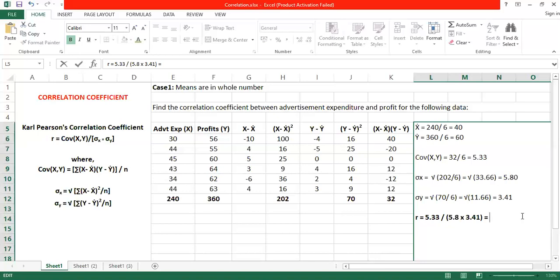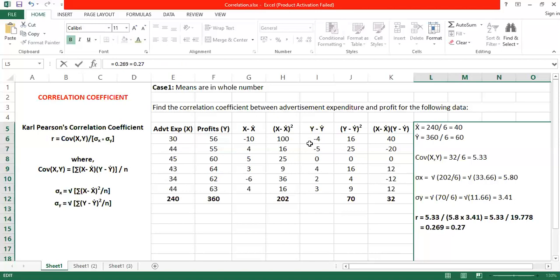That means 5.33 divided by 19.778, right? So this equals 0.269. On rounding off, it is 0.27. So this is our R.